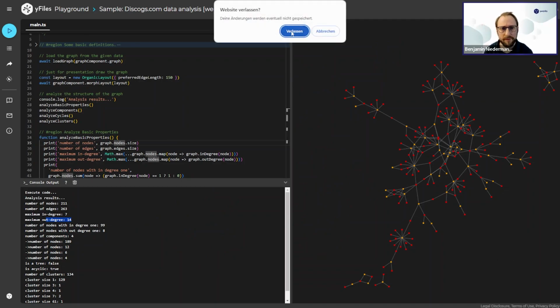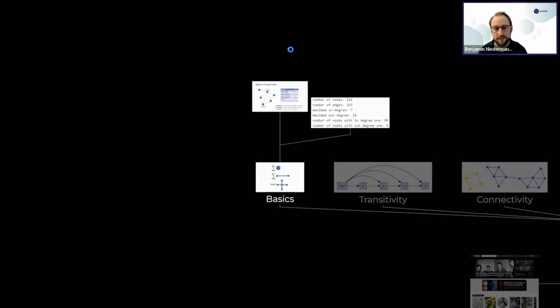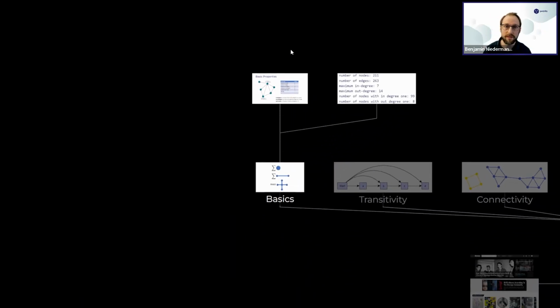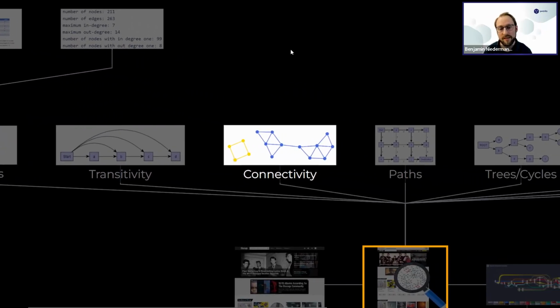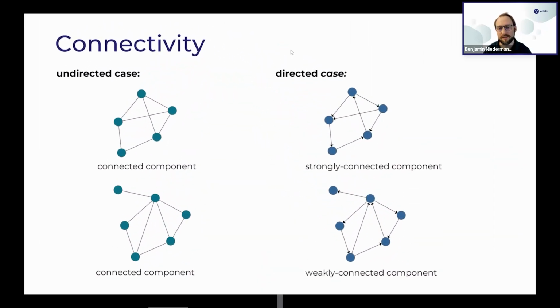So going back, the next thing that you could analyze is not only the basic properties, but maybe also more interesting properties like the connectivity. Connectivity means that we just count the number of components that the graph consists of.